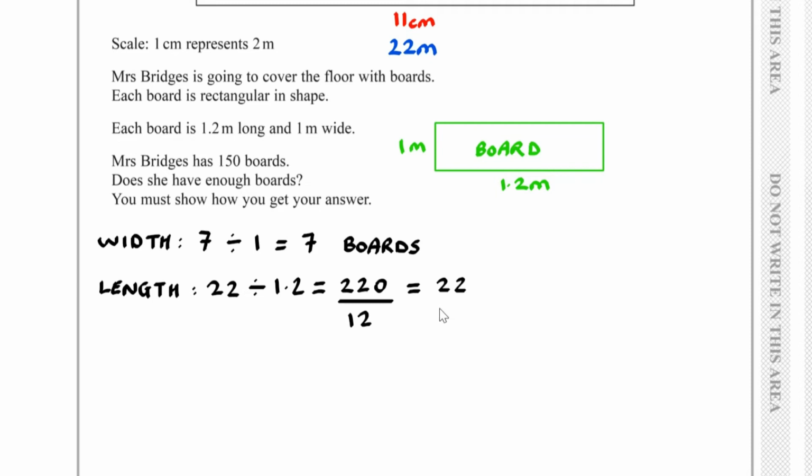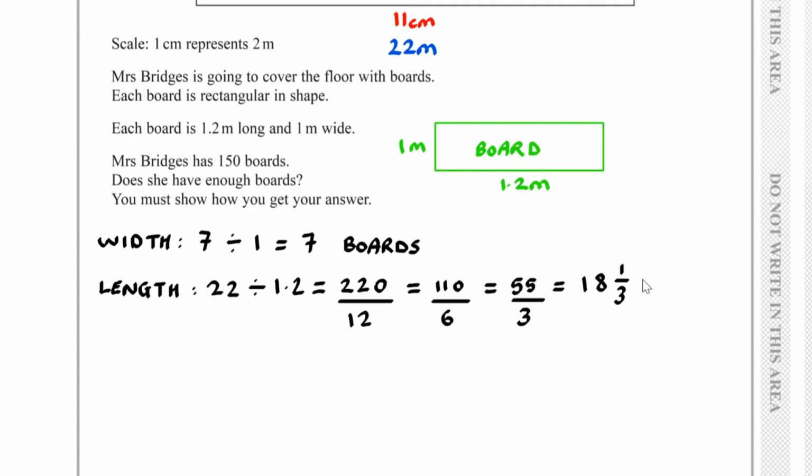So we've got 22, rather if I half it, I've got 110 over 6, half that again, we get 55 over 3. And can we simplify 55 over 3? No, we can't, but what we would get is 18 holes and 1/3 left over.